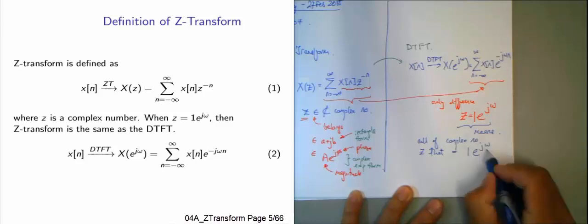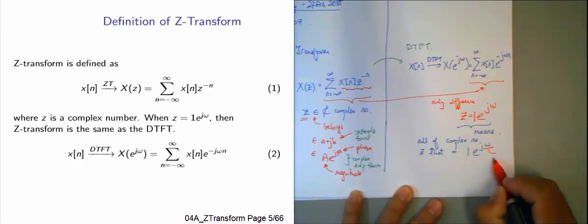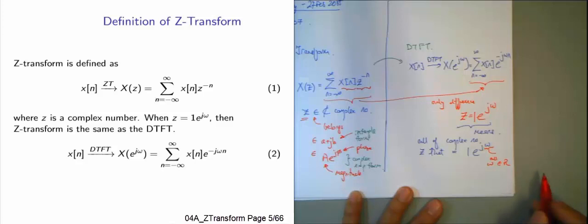So what can be changed? Only omega. And omega means all omega belongs to the real numbers. And now you will remember, what is 1 e to the j omega? 1 e to the j omega is a rotating phasor with amplitude 1, and this is omega.